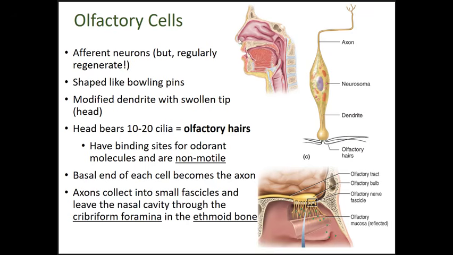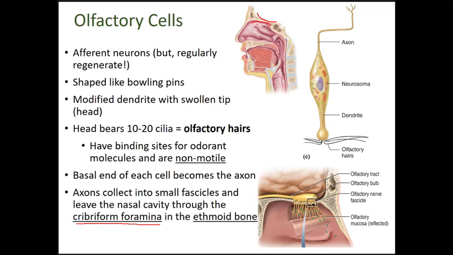Now let's look back up at that roof here of the nasal cavity, and then this would be really the floor of the cranial cavity. So we have the roof and the floor, and this is actually your ethmoid bone here. And your ethmoid bone has these holes running through it that really connect the nasal cavity to the cranial cavity, called the cribriform foramina.